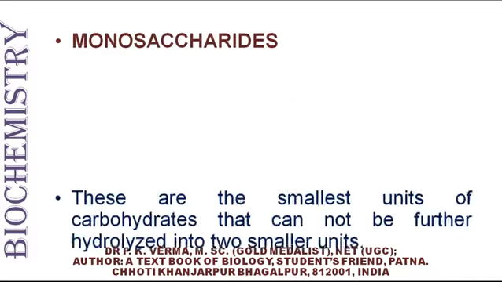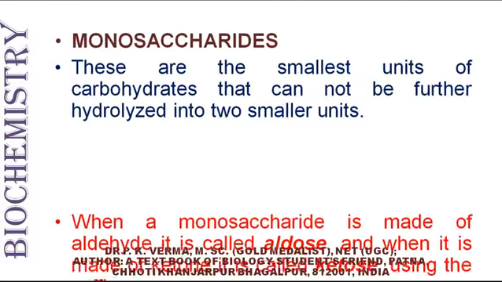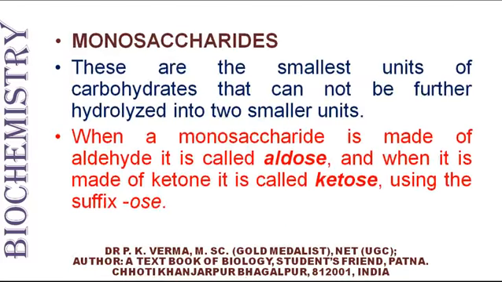Now monosaccharides are the smallest unit of carbohydrate that cannot be further hydrolyzed into 2 smaller units. So after final digestion, all carbohydrates convert into monosaccharides. When a monosaccharide is made of an aldehyde, it is called aldose.